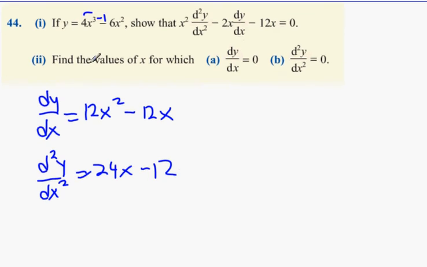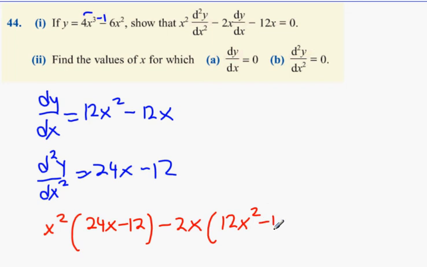Now what we've got to do is fill in our equation. Okay? x squared times the second derivative, which is 24x minus 12, minus 2x times the first derivative, okay? Minus 12x equals 0.